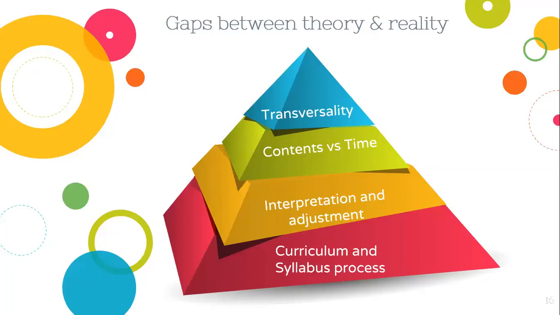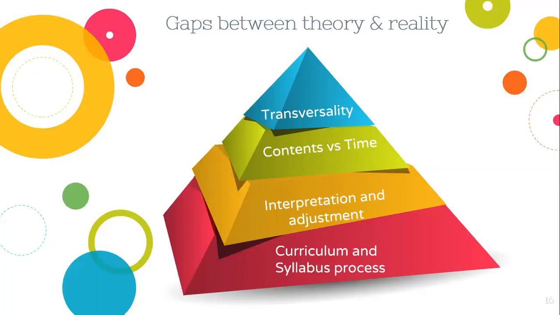Theory tells us that teachers, students, and the whole community must be taken into consideration in order to create an appropriate syllabus and curriculum for the specific setting, and this is not happening in this particular area.